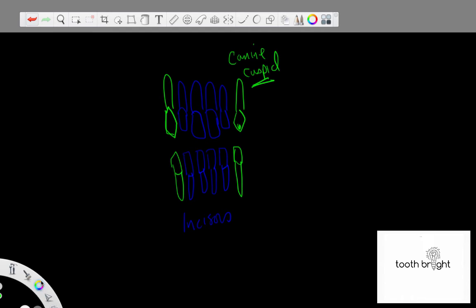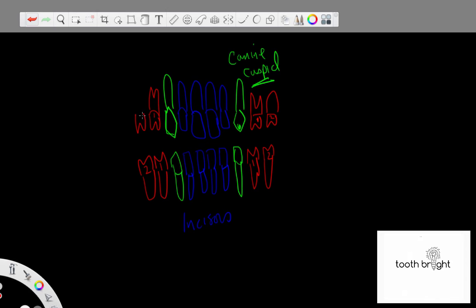Then next to those we found the bicuspid or the premolar. They had the first premolar, and then a second premolar right there, and it's the same all the way around. Another 2 down there, first and second, and we label from the front to the back.